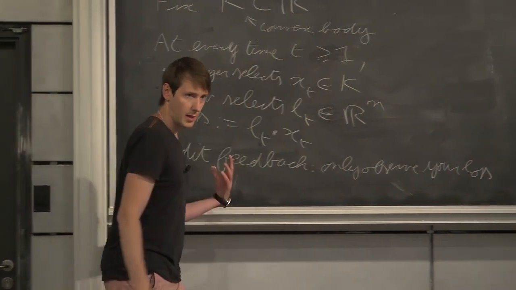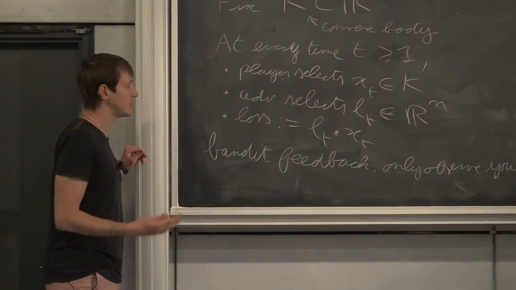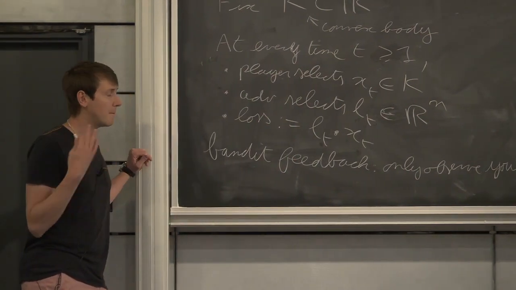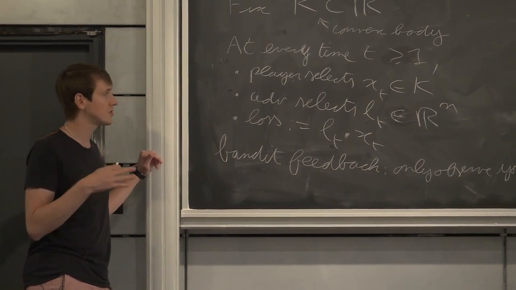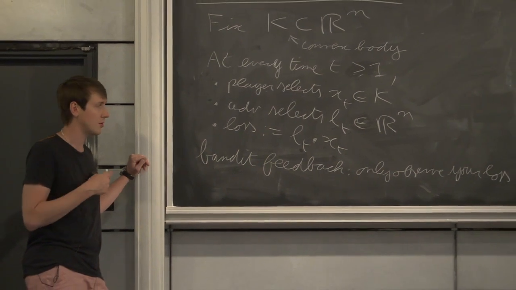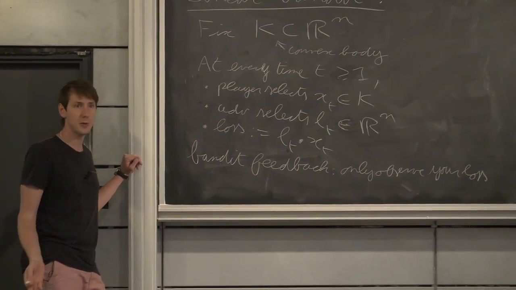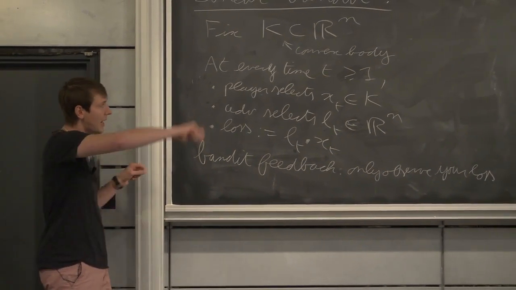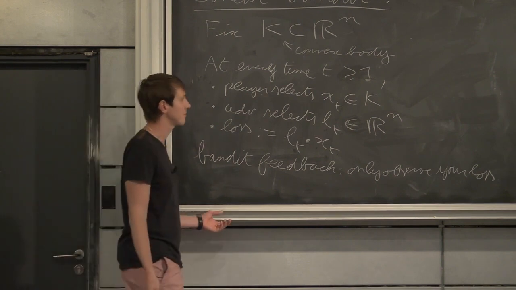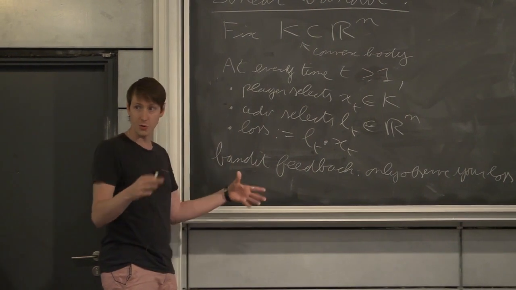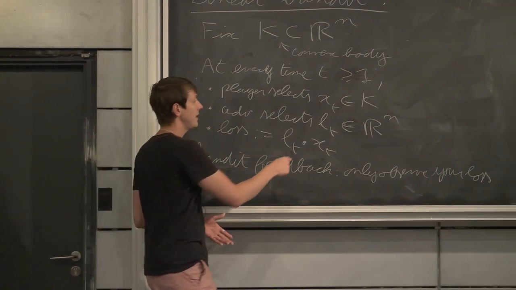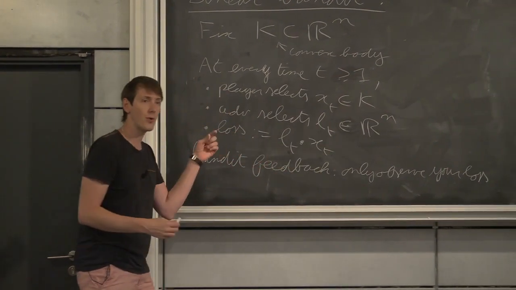I just want to clarify why this is a far-reaching generalization. There are many combinatorial problems that can be cast like this. Imagine that you have some combinatorial optimization problem, for instance you have to choose a spanning tree in a graph, or an s-t path in a graph. Then you can view K to be the convex hull of all of those things, and l_t is just assigning a loss to every edge.